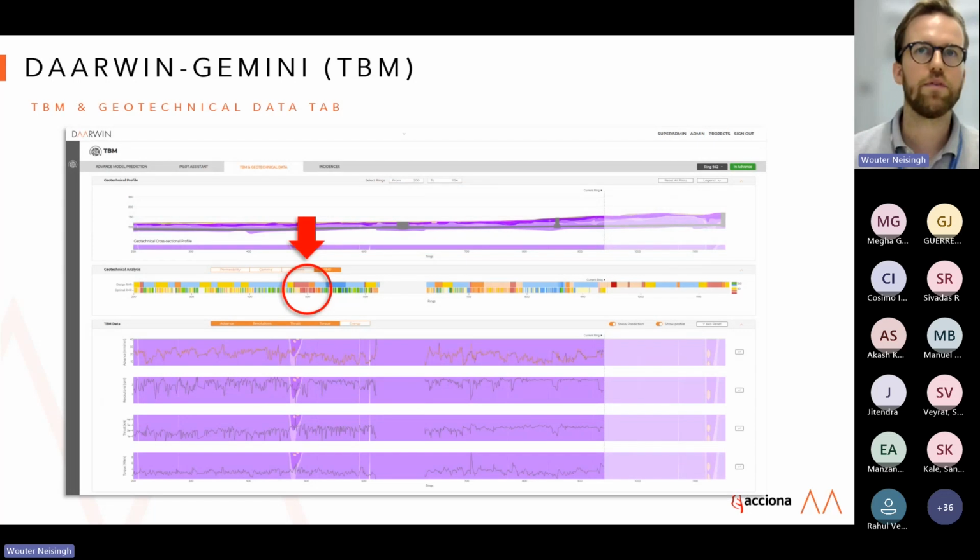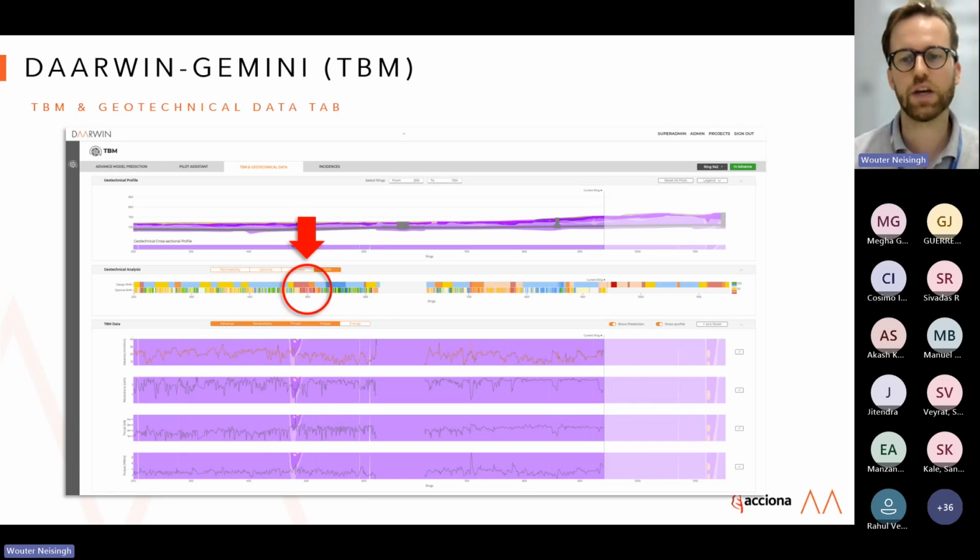Now, the third tab that I'll show you is a tab on the TBM and the geotechnical side of things. Here in this view, what you see is how the geology is expected to change as you move forward. So this comes from the design and the technical report.